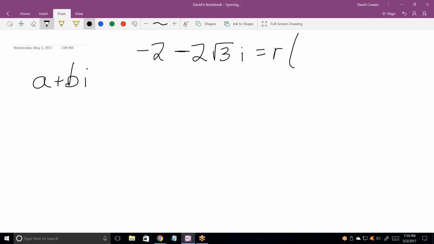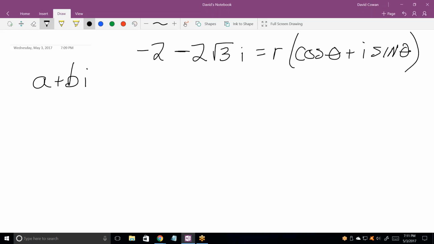Okay, I got it. It's r times the cosine of theta plus i sine of theta. That is the trigonometric polar form of a complex number. In other words, all complex numbers, which is what you gave me, can be written in this method.